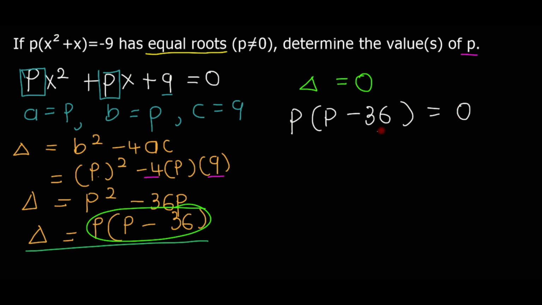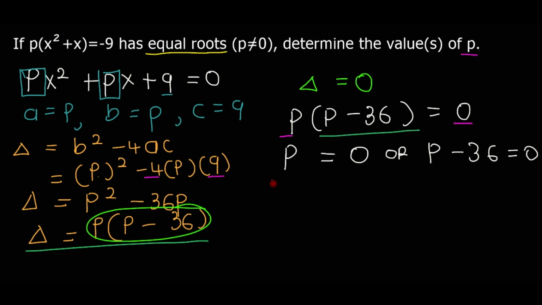Remember, this is just a discriminant. So from there can you find out the value of p. So I'll say p equal to 0 or p minus 36 equal to 0. So p equal to 0, and then as for this one, p equal to positive 36.